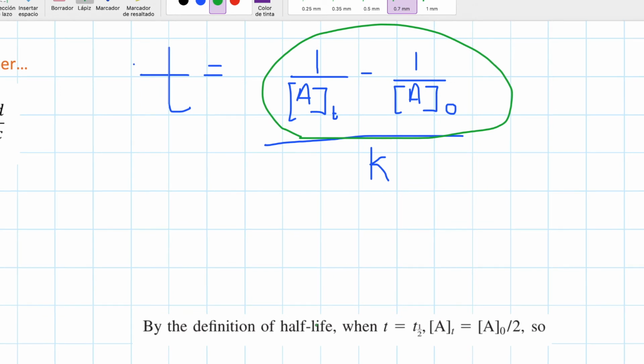Well, we can actually leave it like this, and then we would go ahead and try to solve for t1/2, the half-life.